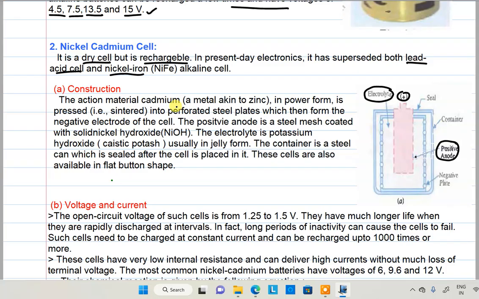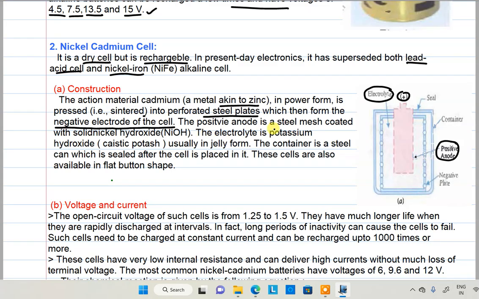The active material, cadmium metal, like zinc or alkaline, is in powder form. It is pressed into preformed steel plates, which then form the negative electrode of the cell. So what is the negative electrode of the cell? Steel, pressed into the preformed steel plates.